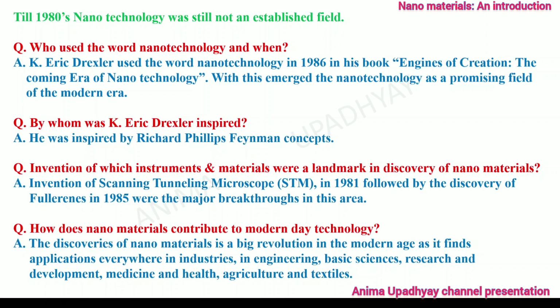How do nanomaterials contribute to modern day technology? The discovery of nanomaterials is a big revolution in the modern age as it finds applications everywhere in industries, engineering, basic sciences, research and development, medicine and health, agriculture and textiles. Everywhere nanomaterials and nanotechnologies are used.